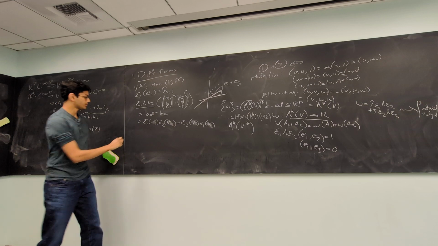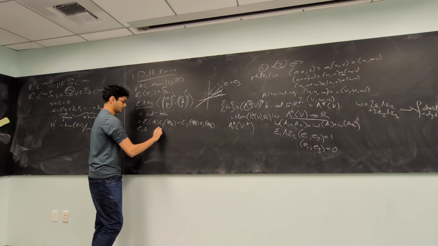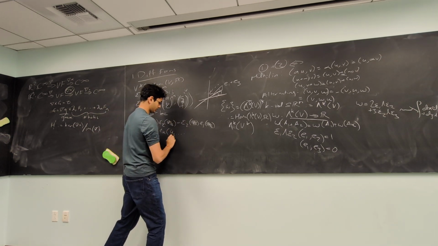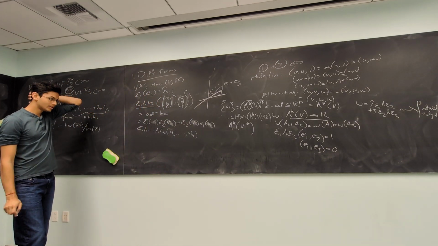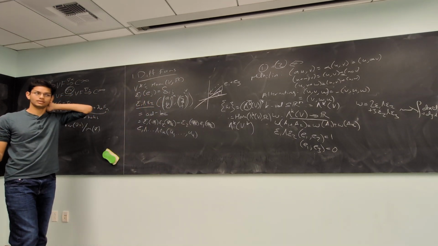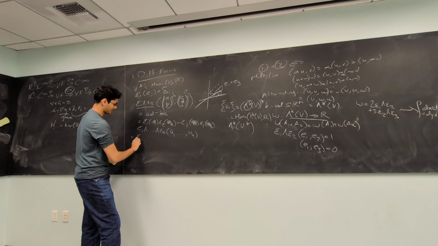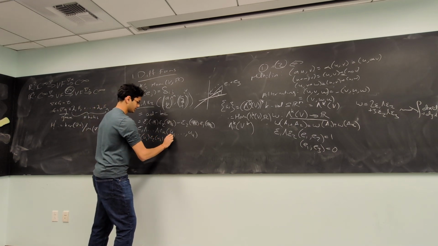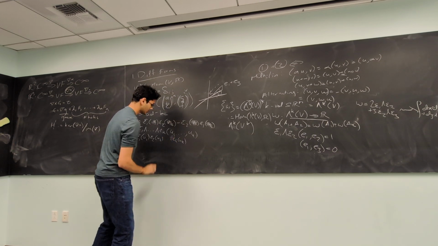So in general, you have a formula like epsilon 1 up to epsilon k acting on U1 to UK. I'll write the formula and I'll explain it. This is epsilon 1 U1, epsilon 2 U2, up to epsilon k UK.